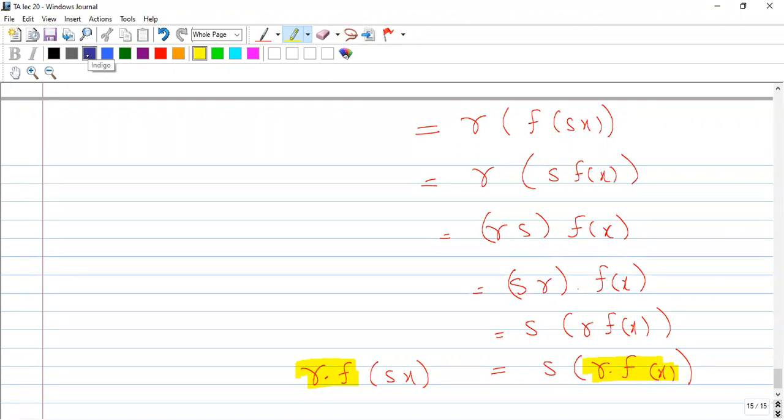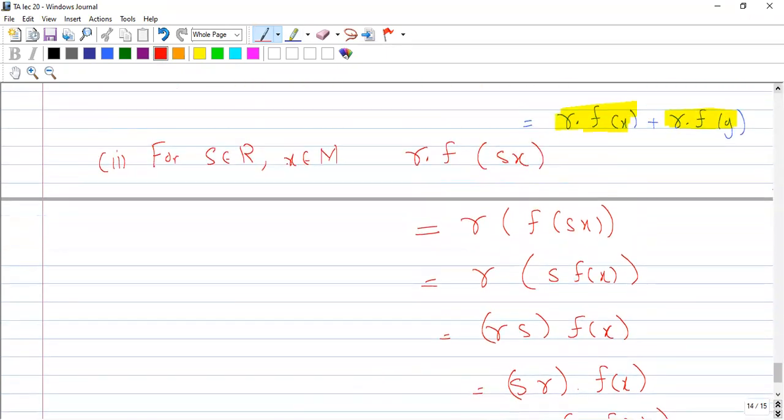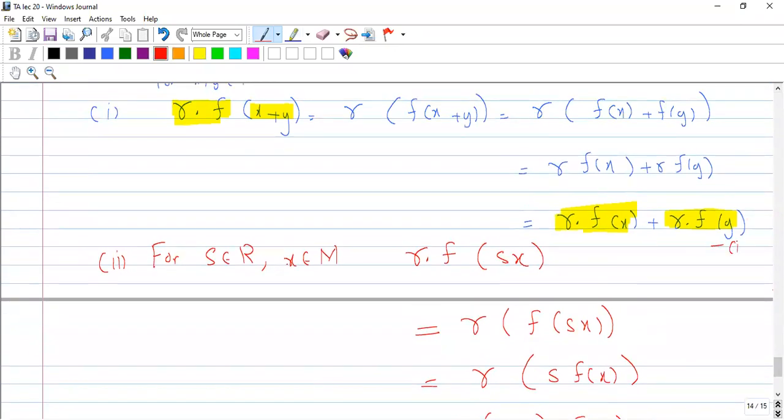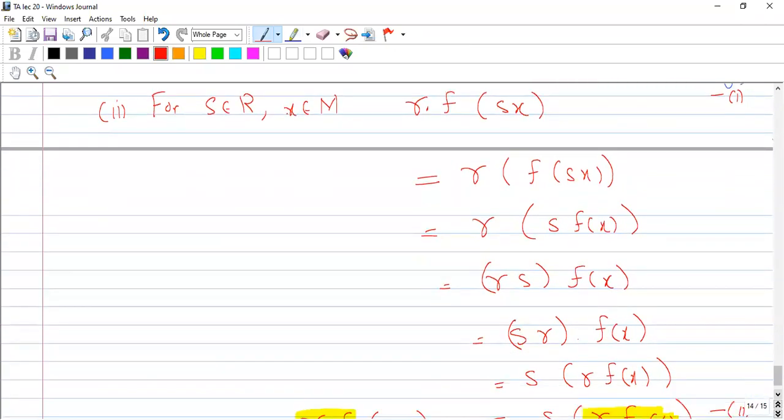So again, these two things show that, if you call this one 2 and this one 1, then 1 and 2 imply that this is an R-module.